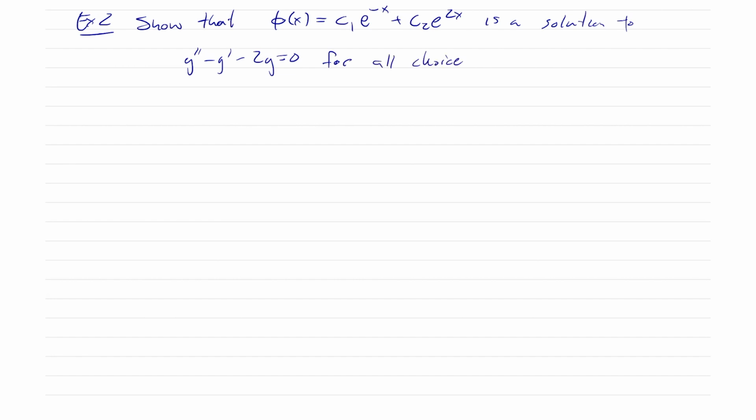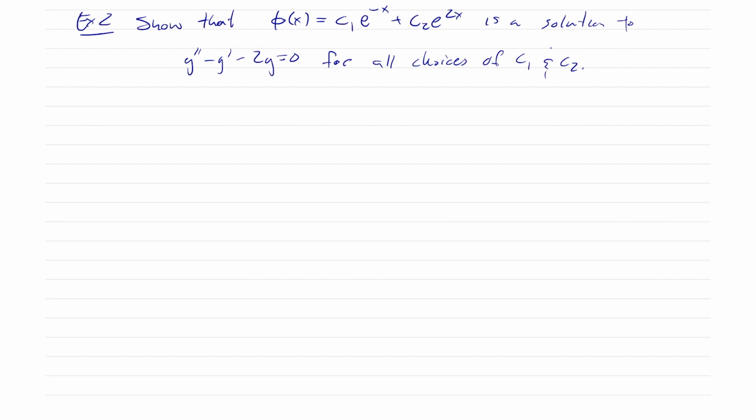Show that phi of x is equal to, say, c1 e to the minus x plus c2 e to the 2x is a solution to y double prime minus y prime minus 2y is equal to 0 for all choices of c1 and c2. Okay, well, you are going to become very familiar with these after we get through chapter 4, and by the time we finish chapter 7, you'll have about a dozen ways of solving this particular equation.